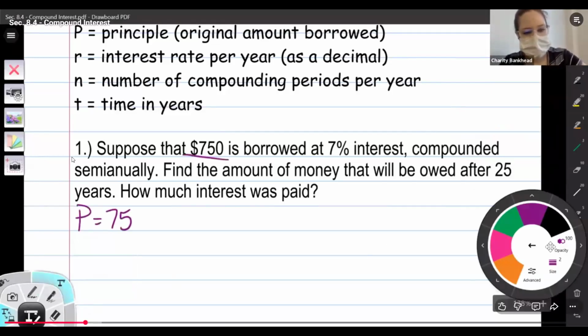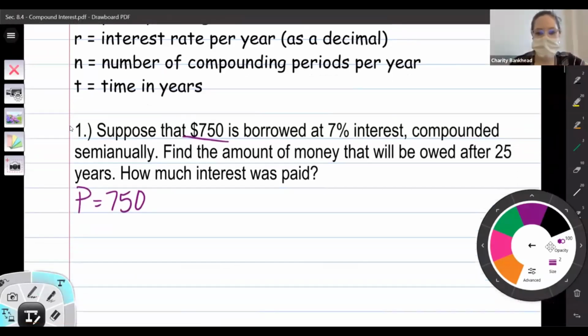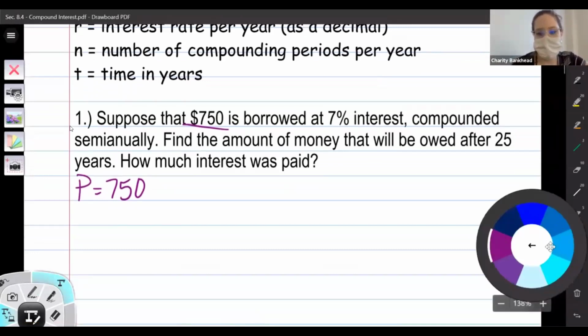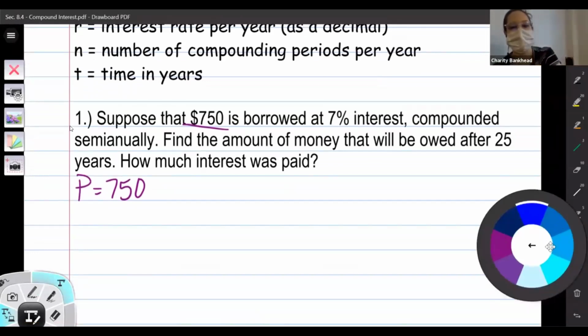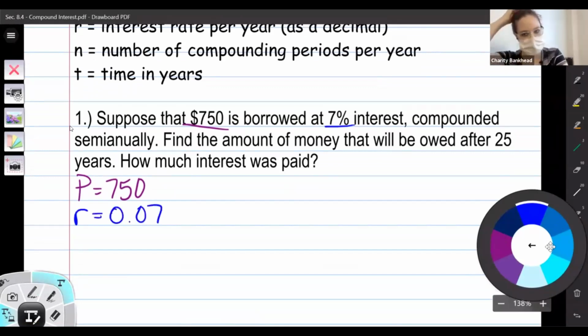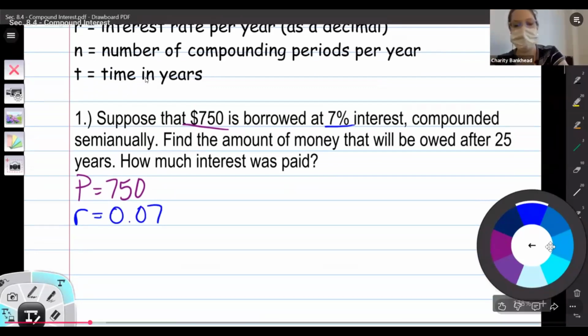All right, so P is equal to $750. And then it's 7% interest, so R would be equal to 0.07. And it's compounded semi-annually, which means twice a year, so that means N is going to be equal to 2.